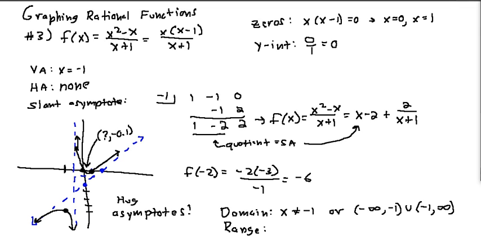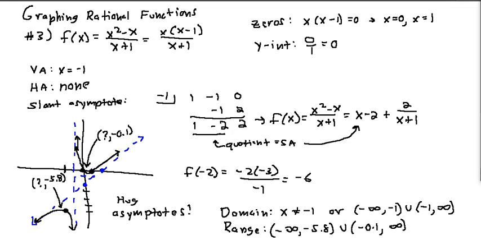And I found out that the top value on this function goes all the way up to some other x-coordinate that I didn't find, but it went as high as -5.8. And it doesn't get any y values in between there. So what that means for the range is we get all the numbers from -∞ all the way up to -5.8-ish, combined with all the numbers from -0.1 all the way up to infinity.